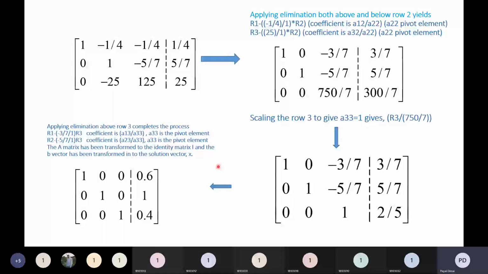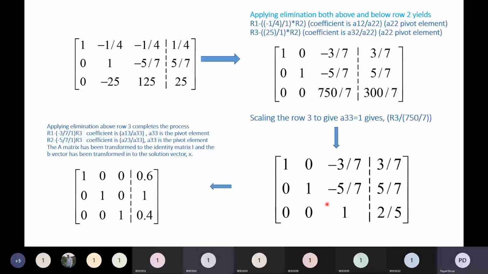Now what will be the third step? The next step, I have already written here. Then multiply 7 by 750 into R3.